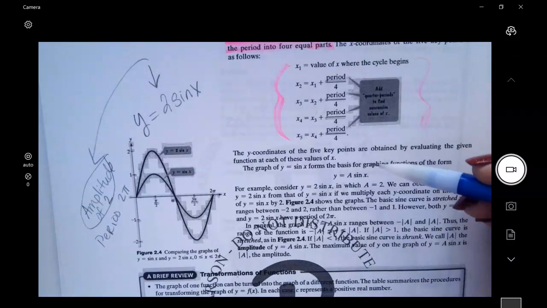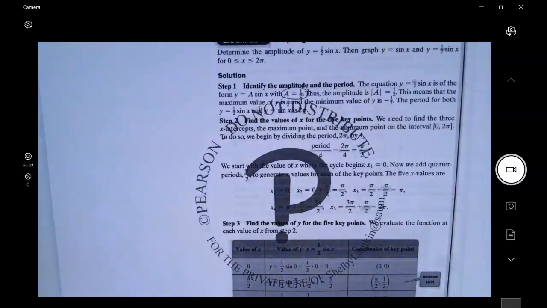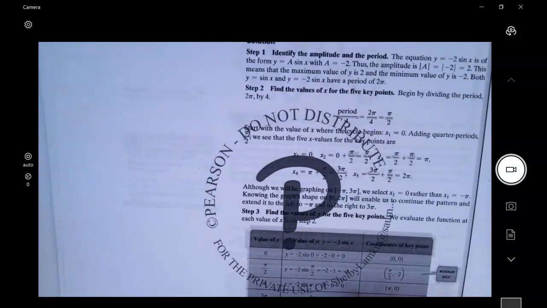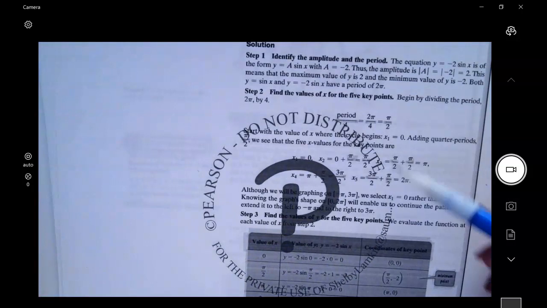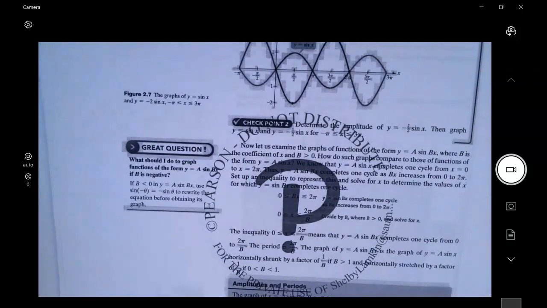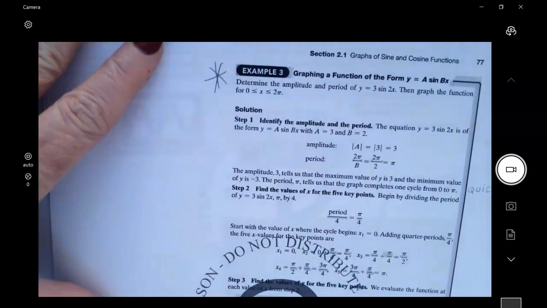So our period here is just going to be 2 pi because our b value is 1. You can read through these examples and it will tell you how to set up your 5-number summary in order to find your key points.